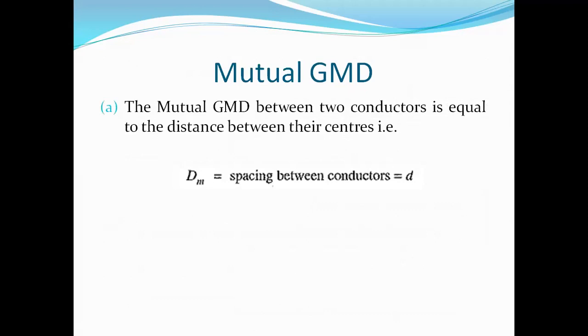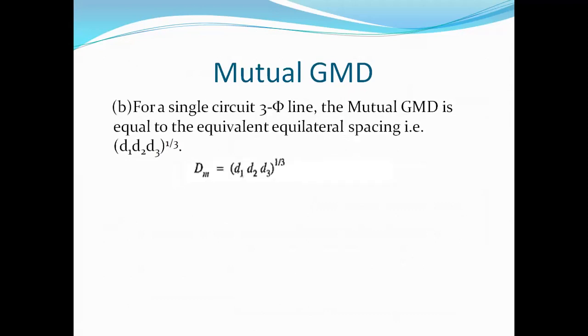This is the first point, and for the second point, for a single circuit three-phase line, the mutual GMD is equal to the equivalent equilateral spacing. Look, this is for a single circuit three-phase line, not a double circuit three-phase line. That means only one circuit of red, yellow, blue will be there. The mutual GMD is equal to the equivalent equilateral spacing.